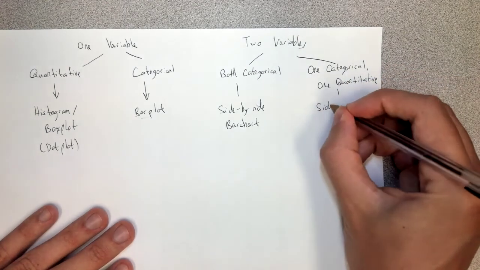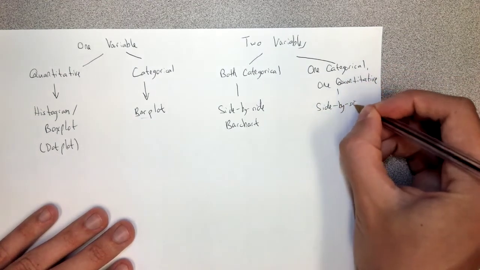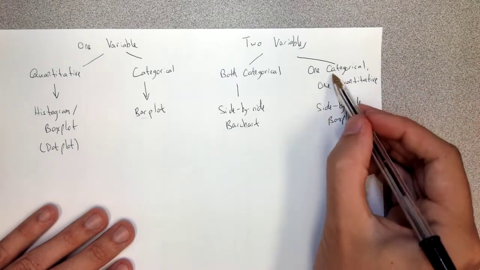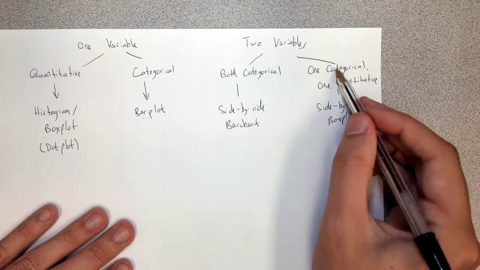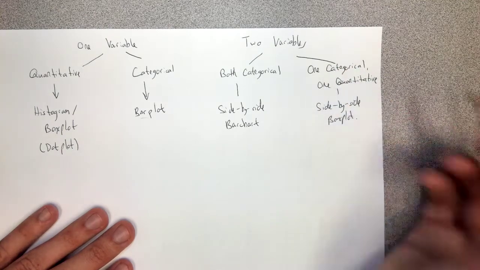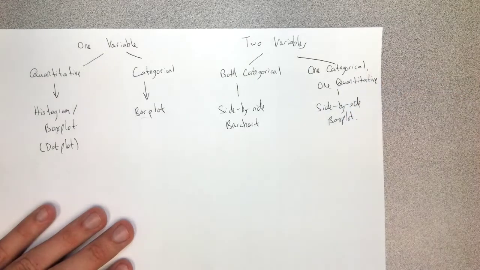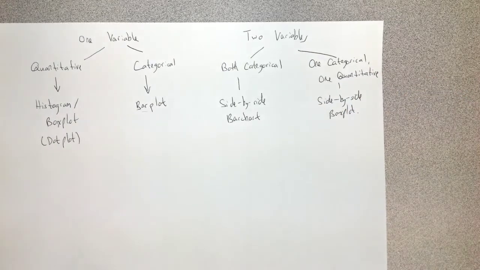That was when the useful graph was a side-by-side box plot, so that you could compare across the different levels of the categorical variable what the distribution of the quantitative variable was across those different groups.